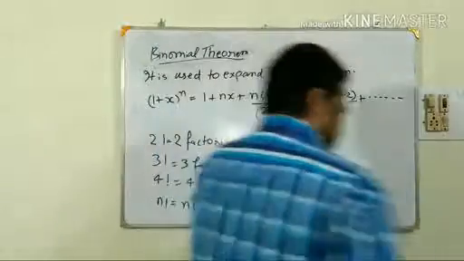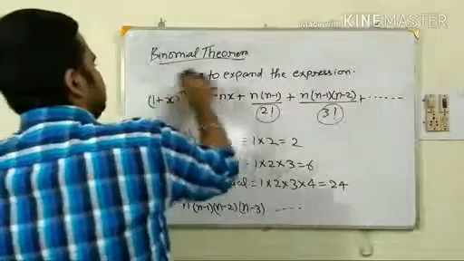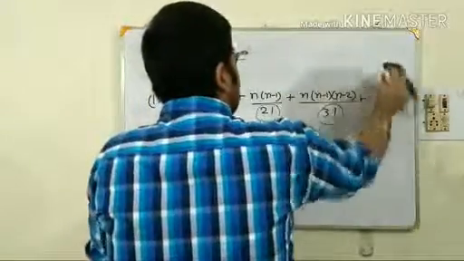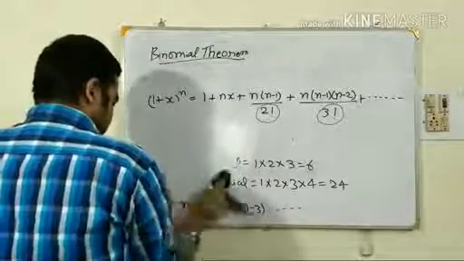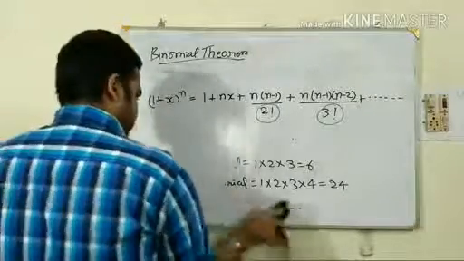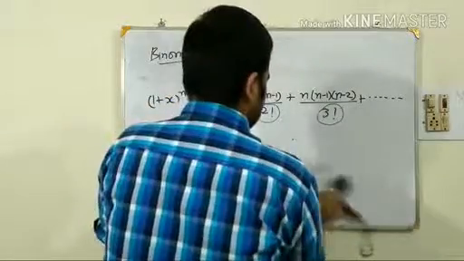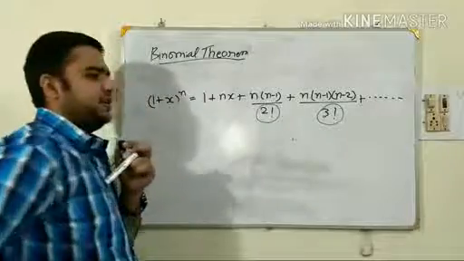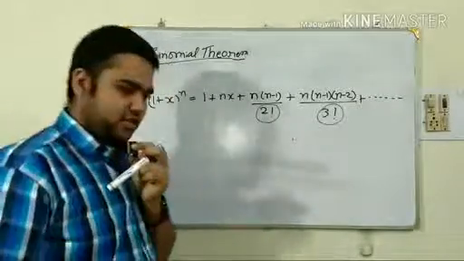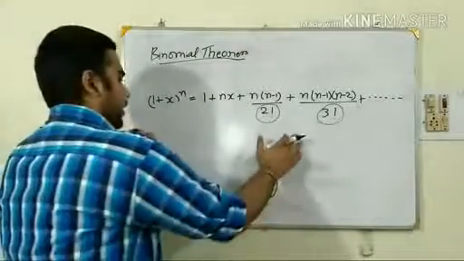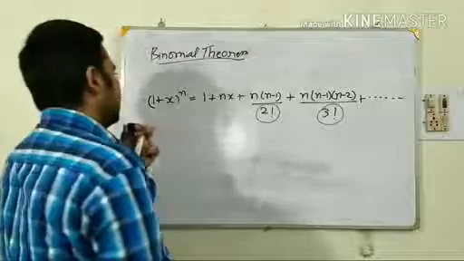As I explained in my previous lecture, we are not doing a mathematics class. We are just doing a physics lecture, and our topic is Basic Maths Section 2, Binomial Theorem.